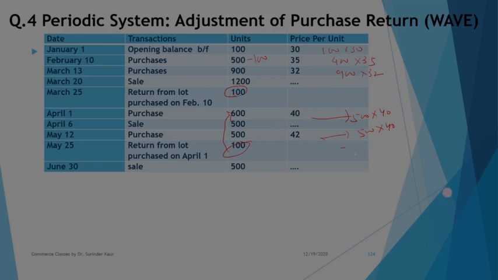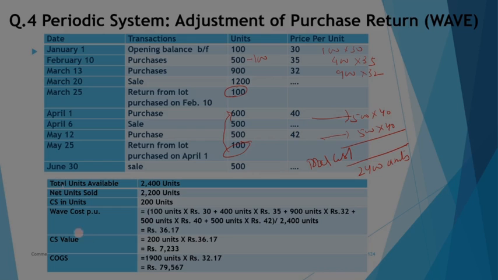So you will use this to find out total cost, divide it by total quantity 2400 units to find out the weighted average price, and then that price will be used to find out the closing stock and cost of goods sold. So we have 2400 units in all available, 2200 have been sold, 200 units are left. So this is the weighted average cost. Total cost will imply the cost of all the units.